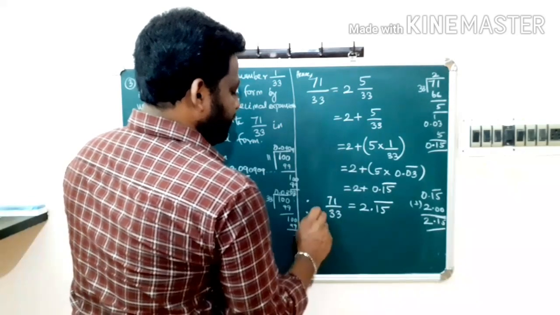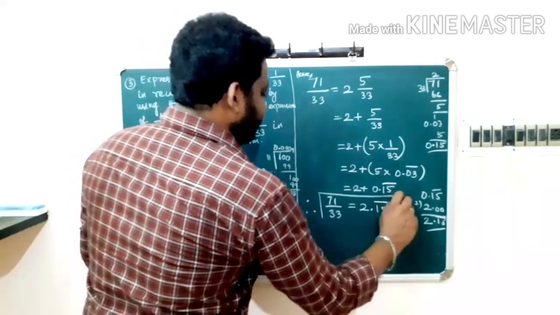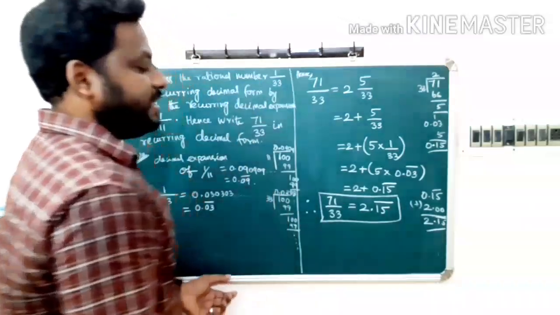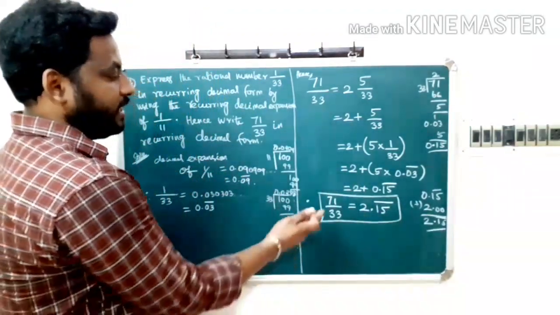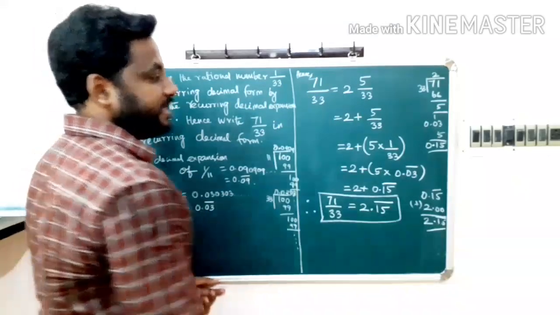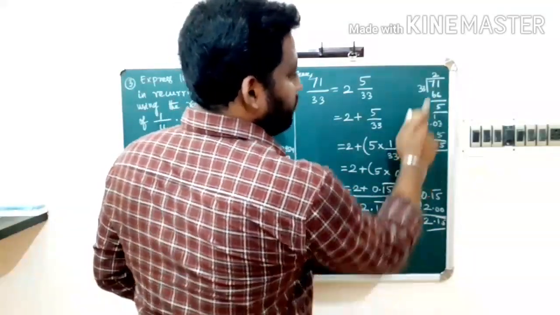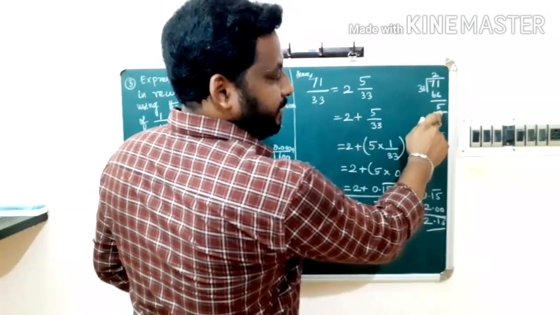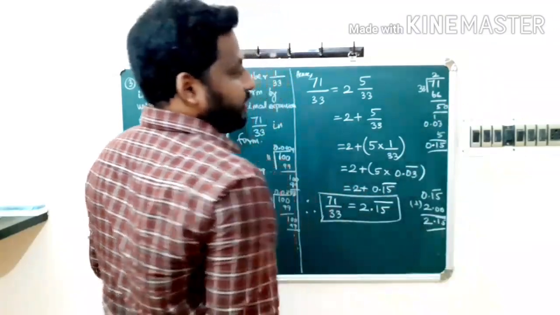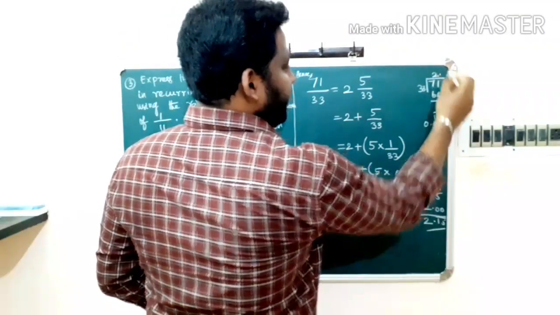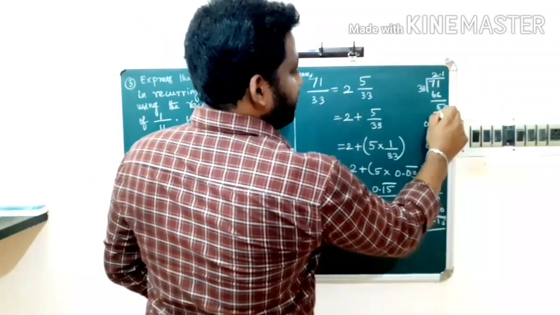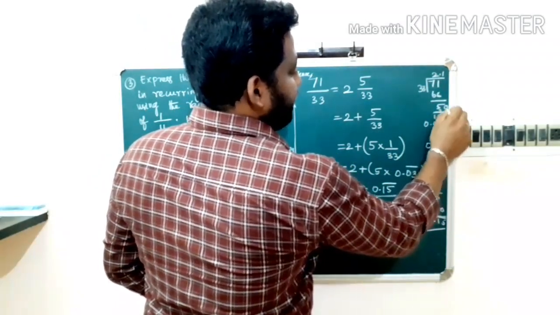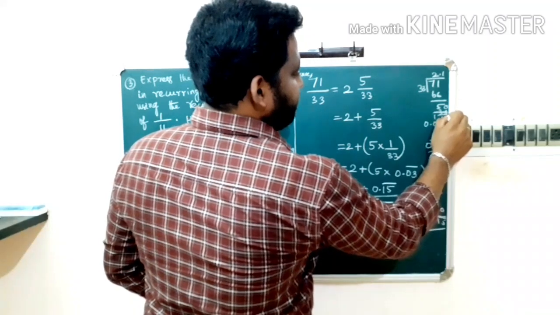Therefore, the decimal expansion of 71 by 33 is 2.15 bar. If you want to check your answer, you can. Here we already know that the 2 has remainder 5. If you add 0 here, you have to put a decimal point. 1 33 is 33, and the remainder is 17.